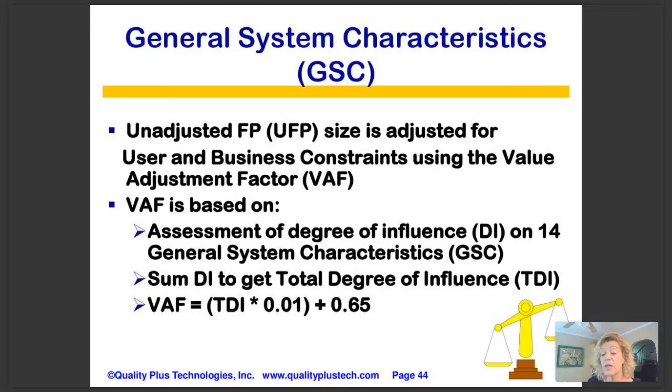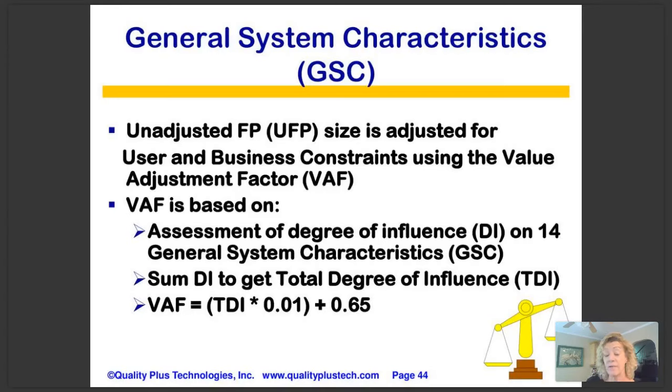So if you see the word constraints or non-functional, those are the same thing. So my value adjustment factor, my VAF, is based on assessment. In other words, evaluating or scoring the 14 general system characteristics and determining what is called the degree of influence.